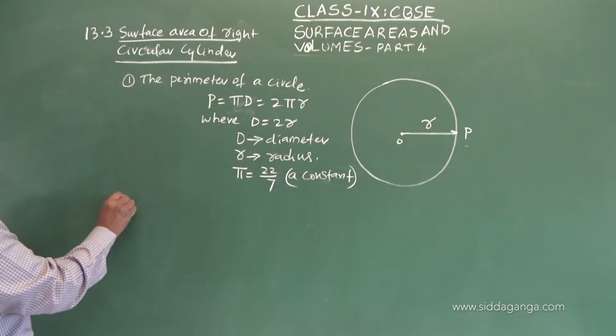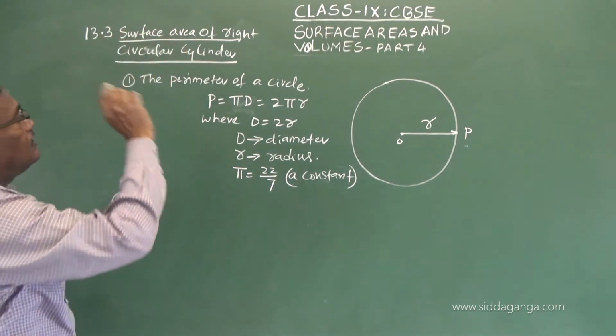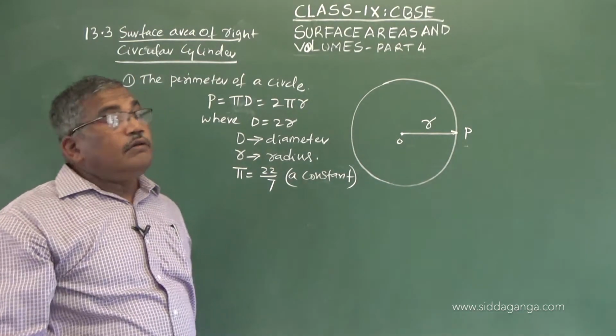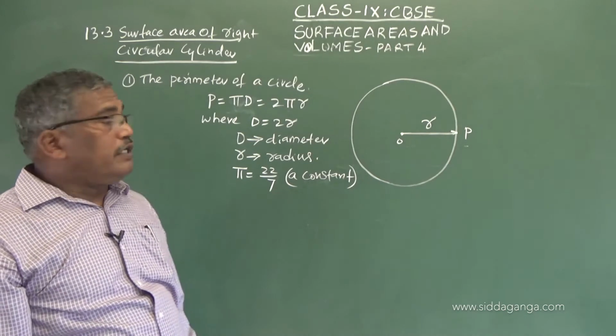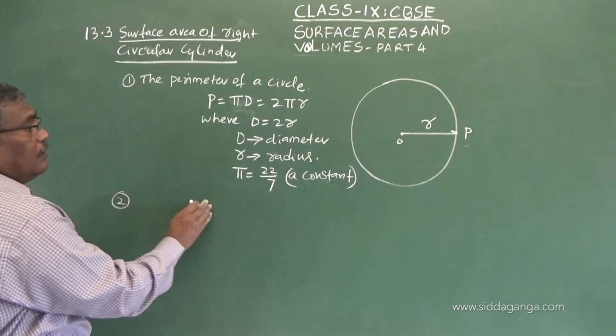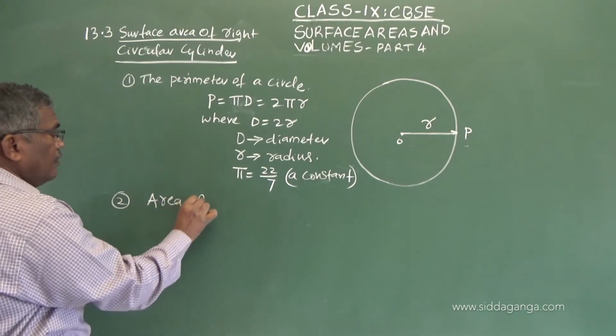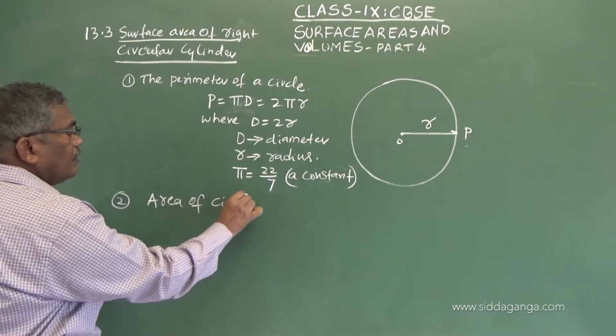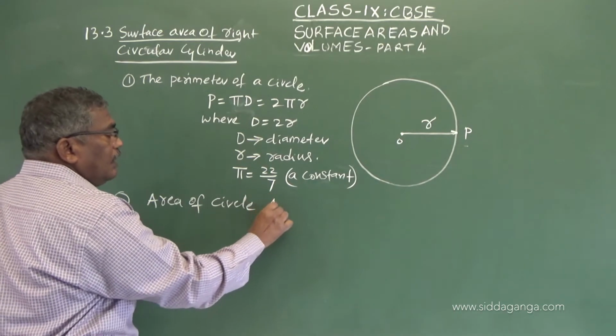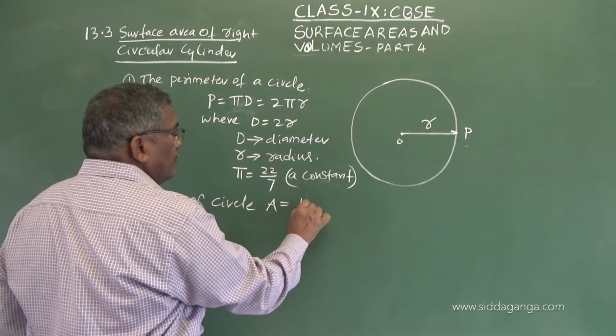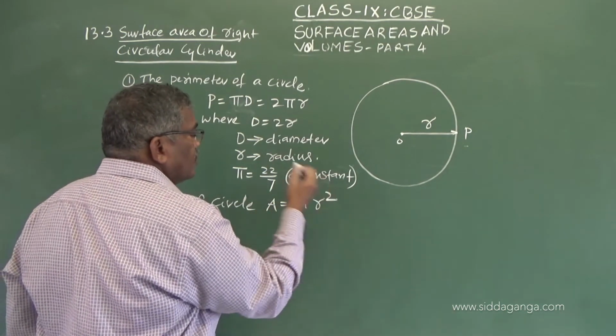Now, second data you want to learn for this right circular cylinder concept, the area of circle. Area of circle, A is given by pi r square.